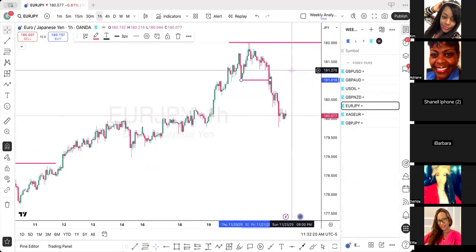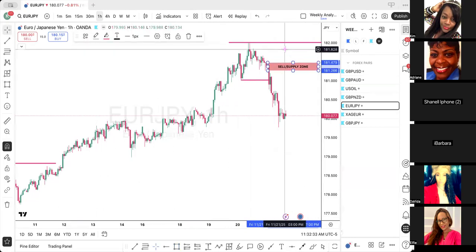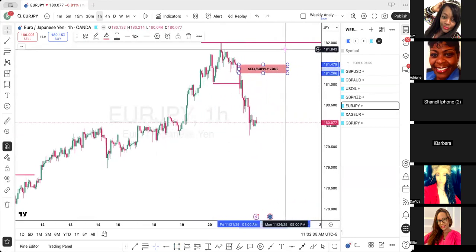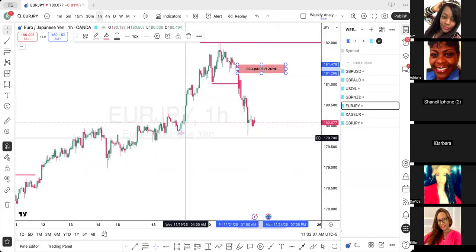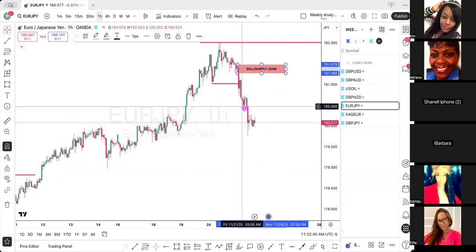So price should be pulling back somewhere into the supply zone here, somewhere back into the supply zone at some point. It is tapping into some current demand zones, but the structure is still saying bearish.